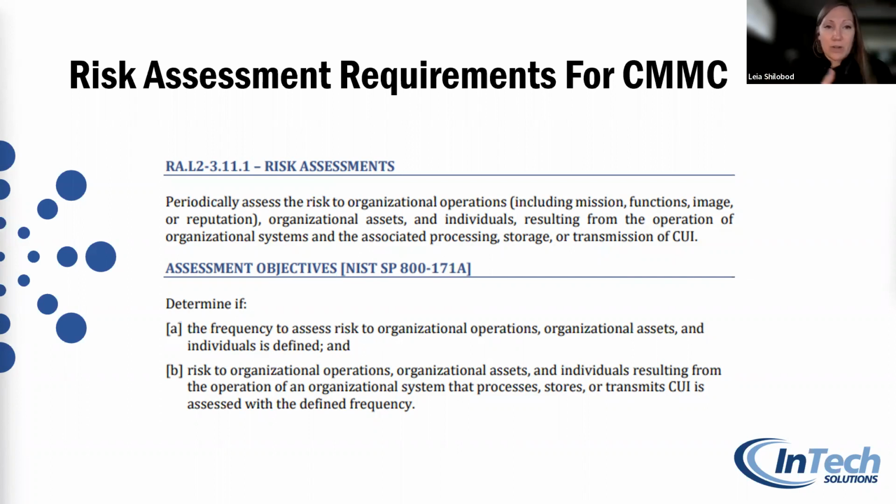So you have to determine the frequency. How often are you going to do risk assessment? And then how are you going to engage in that assessment of risk? It's not just about technology, it's also about organizational operations. That means the client has to be involved on a different level, thinking about this from a strategic perspective as well.